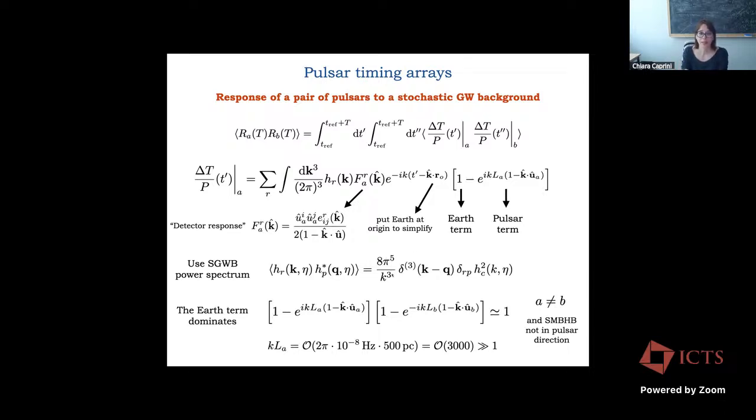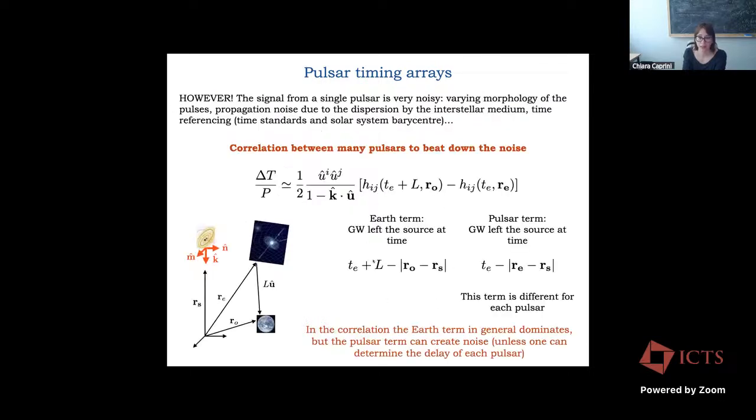Okay, and then you can introduce it into here, and then another very important observation is that when you have the product for each delta t over p of these terms, here is where you actually see what I was saying, that it is the Earth term that dominates. Why?